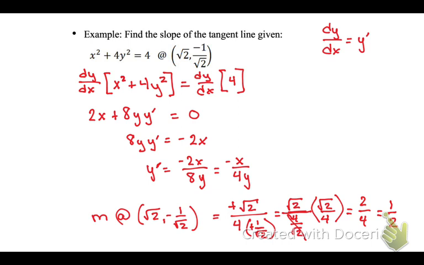Now, my question for you is, what happens if they only gave me an x? What if they just said x equaled the square root of 2? Then we gotta find a y. How do you find the y? You plug it back into which one? The original. And in this case, you'd have to do a lot of math because then you'd have the square root.